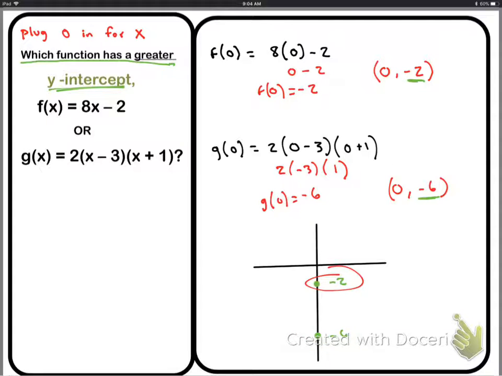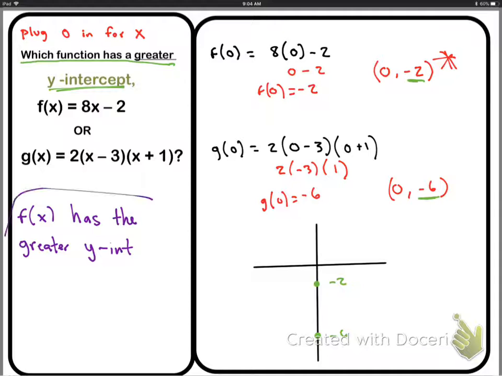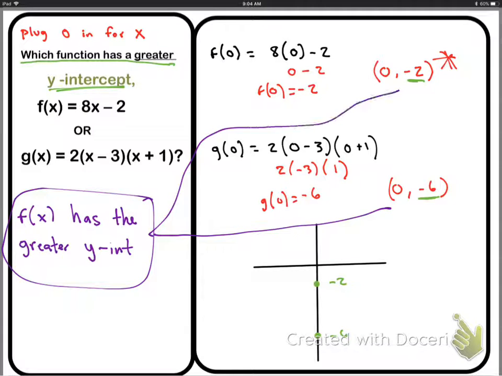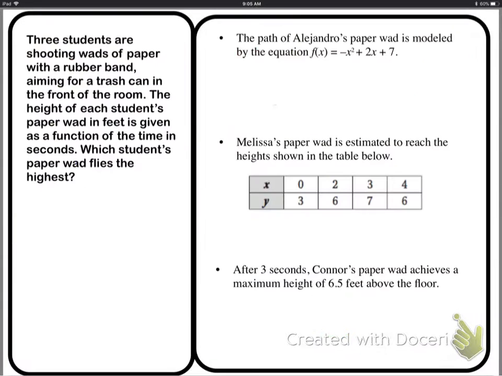So negative 2 has the greater y-intercept. So this here is our greater y-intercept. So we just have to make a final statement, and this will be our answer. F of x has the greater y-intercept. Right, and the proof is in the math.